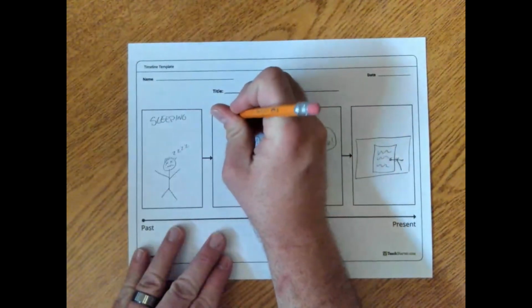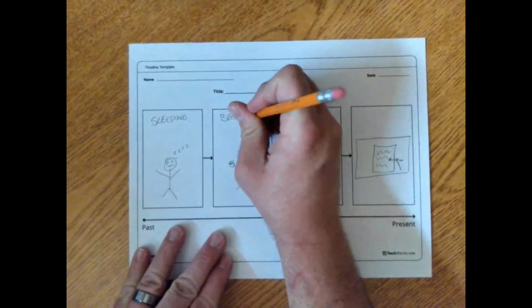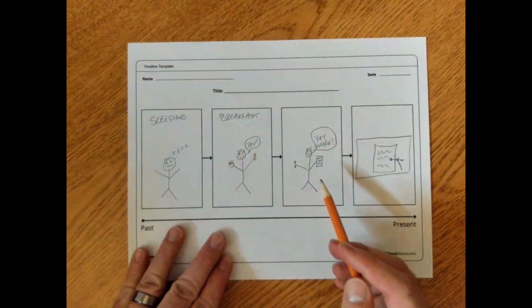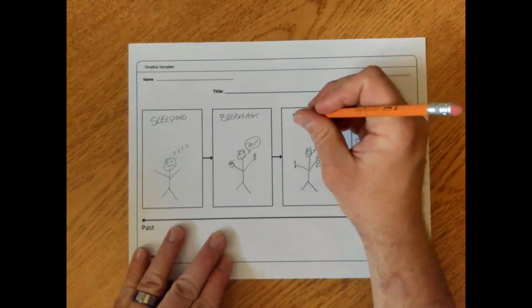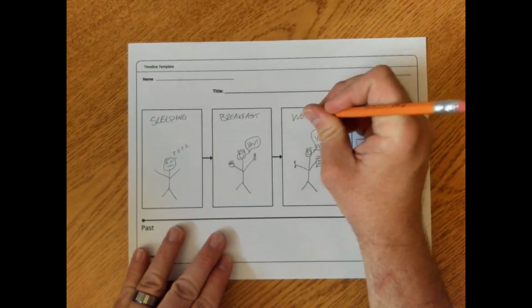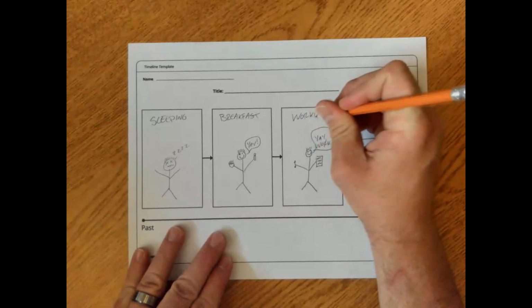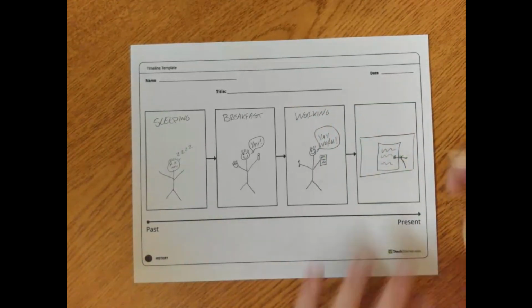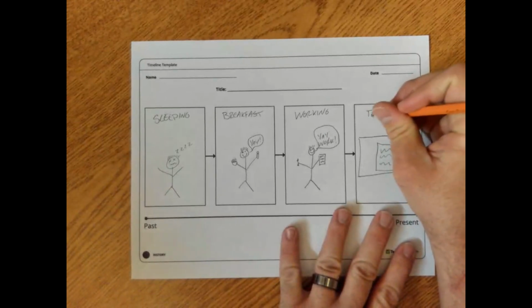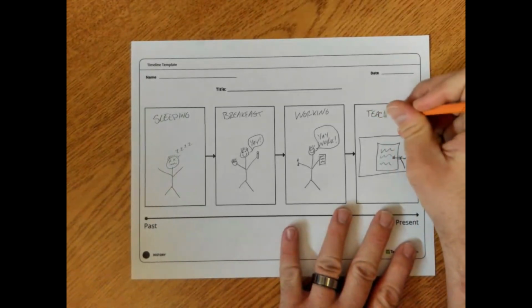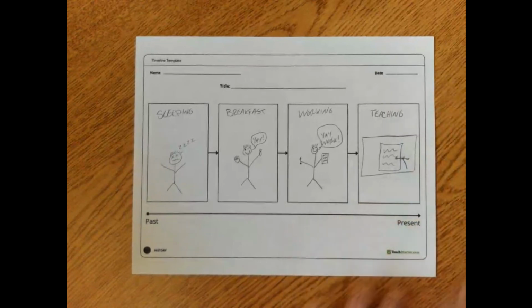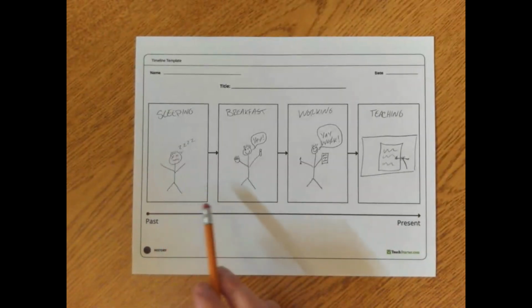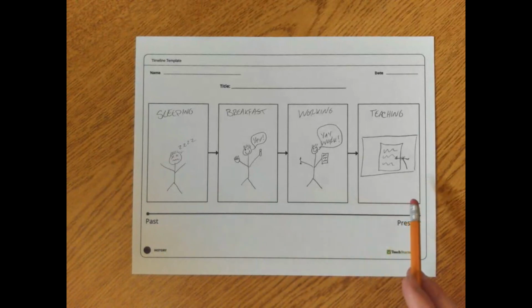Breakfast as the second part of my timeline. The third part of my timeline was working. And then the fourth part of my timeline, which is happening right now, is teaching. Okay? So I went from what happened already to what is happening now.